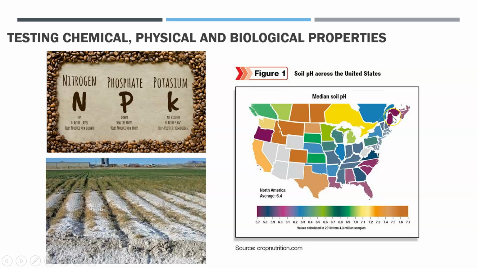If you go further north up to Maine, we see really acidic soils, and then very basic soils out here and in the west. We also test for 3 common macronutrients. These are nitrogen, phosphate, and potassium, but you'll also see potassium written as potash. And we also look for the amount of salt content in the soil.